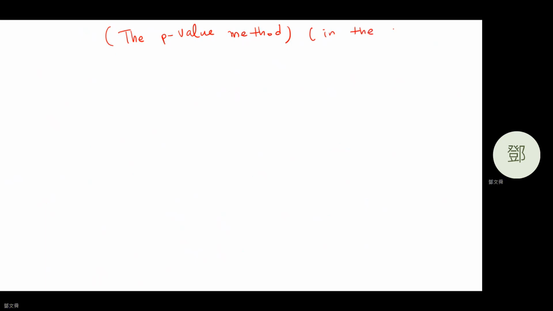In the final exam, you will be required to do a test by two methods.